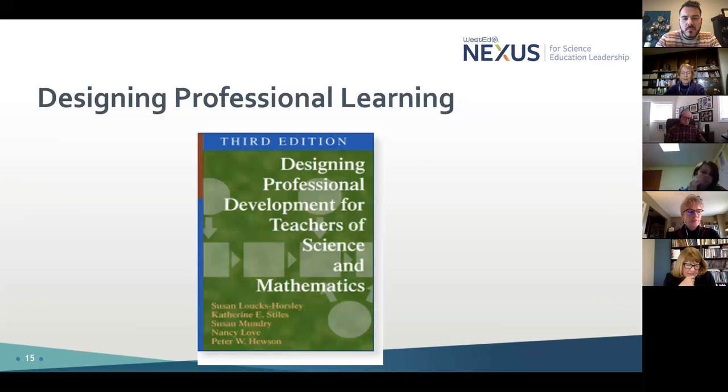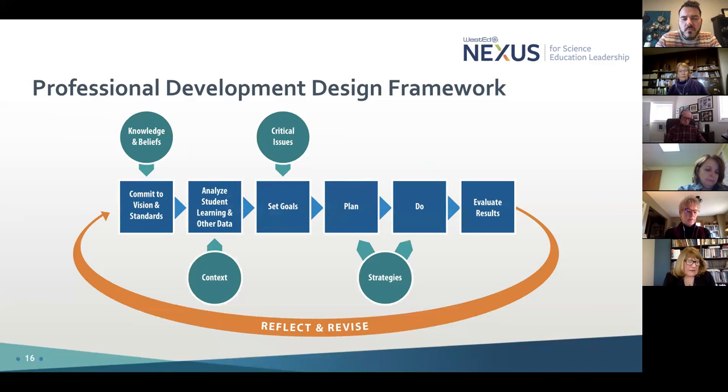And after engaging some of the leading professional developers in the country on the question of what are the five best models, the answer we came up with was that there's actually no one-size-fits-all model for professional development, but rather, professional development is a design task.